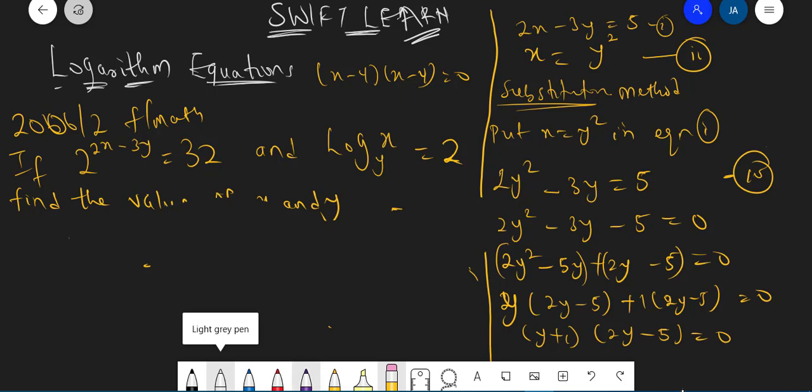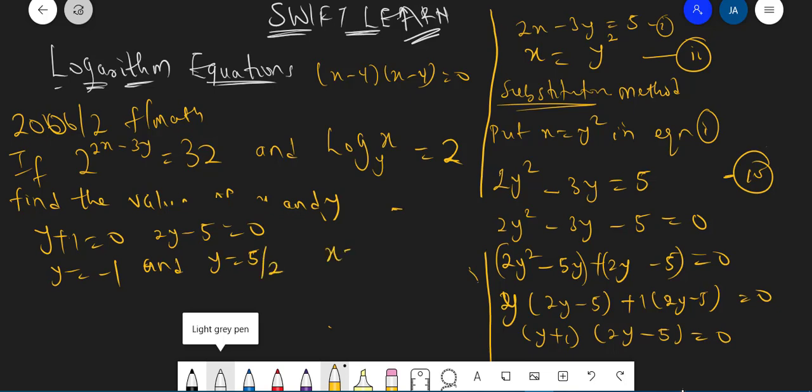We have y plus 1 equals 0 and 2y minus 5 equals 0. So here y equals minus 1 and y equals 5 over 2. So you'll be having two answers. The same thing, x equals y squared. So you pick the first one, minus 1 all squared, that's 1.